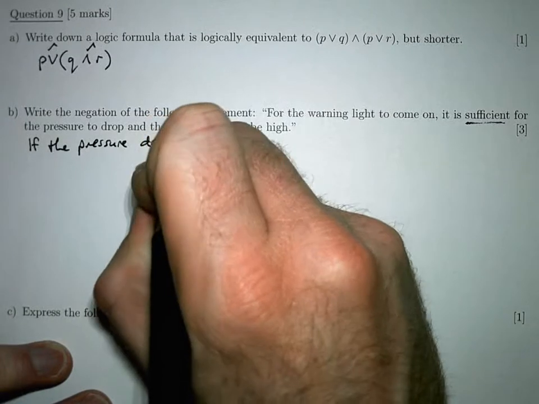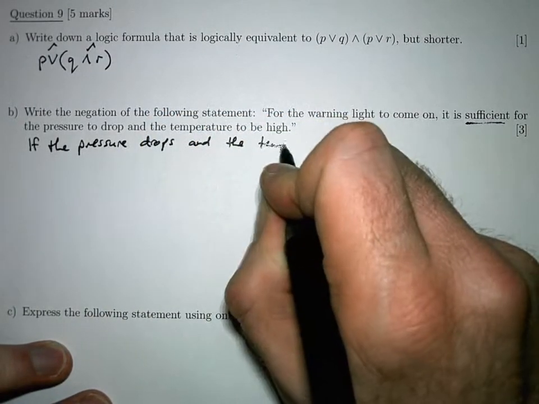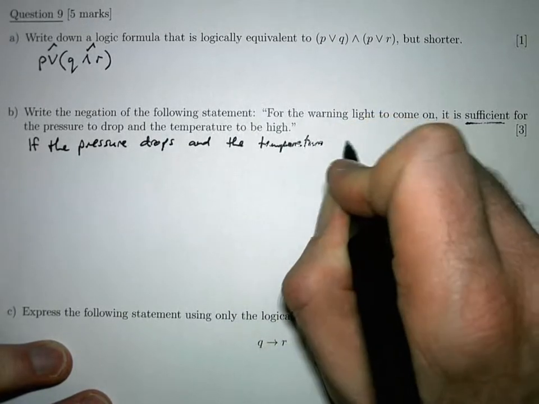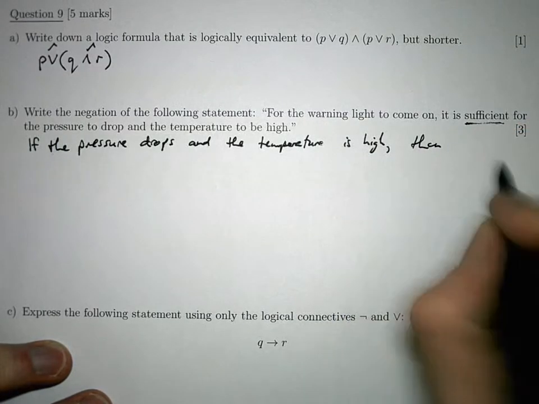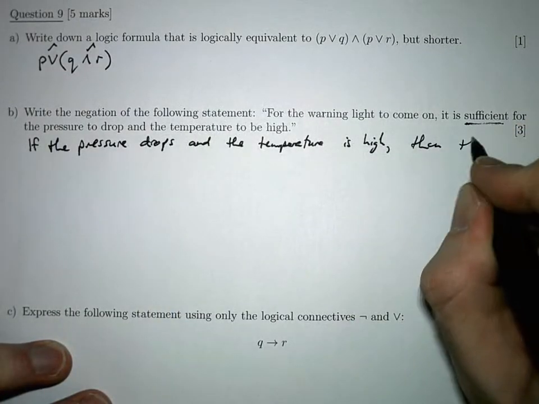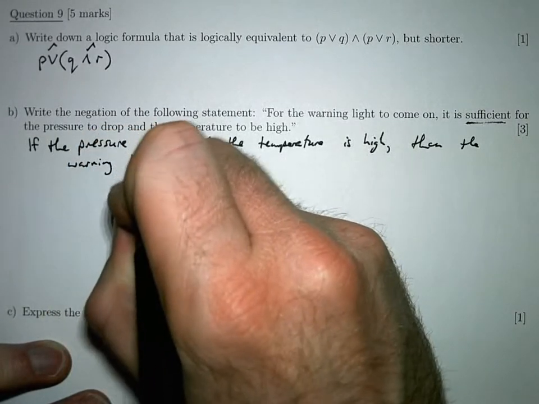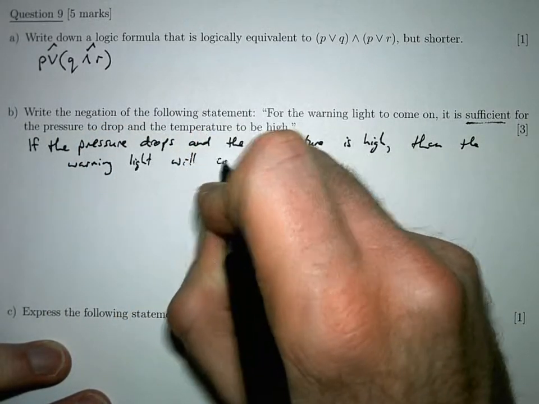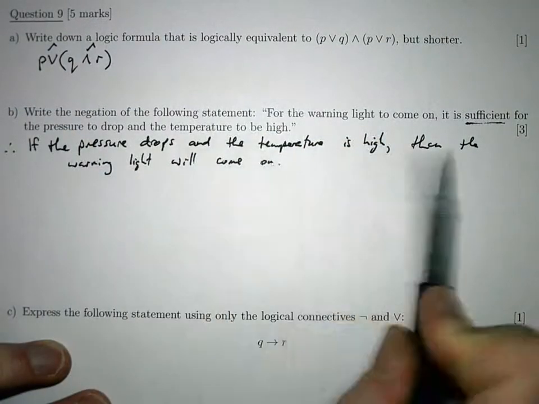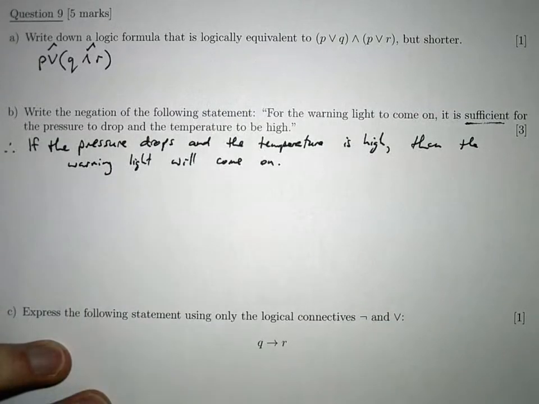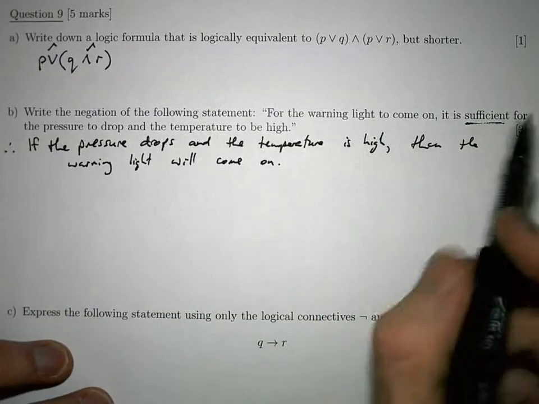If the pressure drops and the temperature is high, then the warning light will come on.